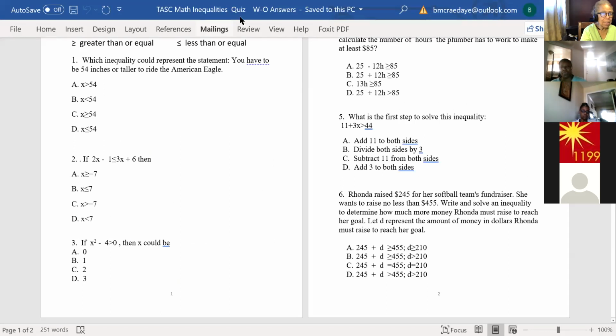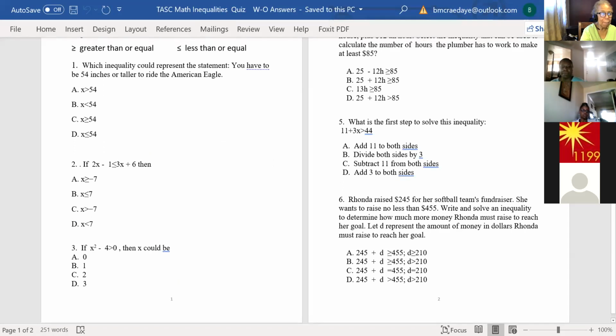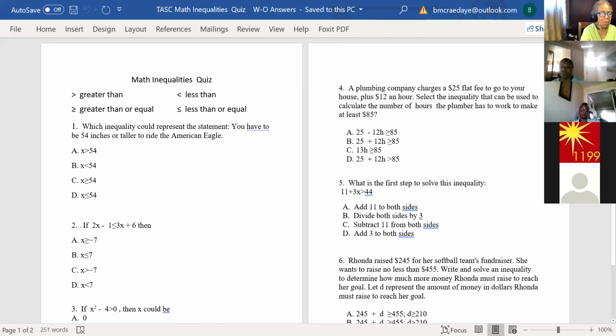Does everybody see it? Everybody see the math inequalities quiz? Yes, ma'am. Okay. Now I gave you your symbols for greater than, less than, greater than or equal, less than or equal, just in case you don't remember them. I gave them to you at the beginning. Now I want you to answer 1, 2, 3, 4, 5, 6.